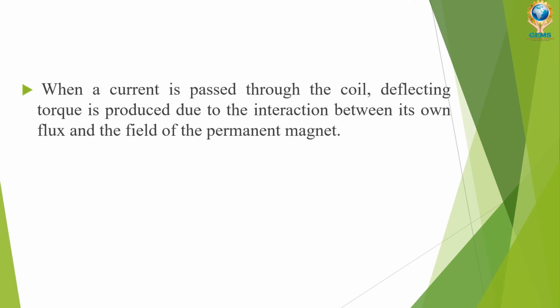When a current is passed through the coil, deflecting torque is produced due to interaction between its own flux and the field of the permanent magnet. We already discussed it. When north and south are like this and we keep a conductor in this with current flowing through it, already the flux is flowing from north to south in this direction.